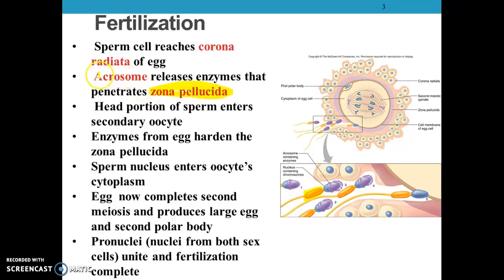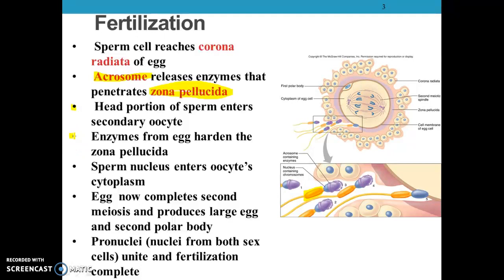The acrosome, that was the purple toboggan-looking cap on top of the head of the sperm cell, the enzymes that are found there are going to penetrate, or eat through that layer, and that allows the sperm to enter the secondary oocyte. And that's what that next bullet point says. Head portion of the sperm enters the secondary oocyte. Enzymes from the egg harden the zona pellucida.